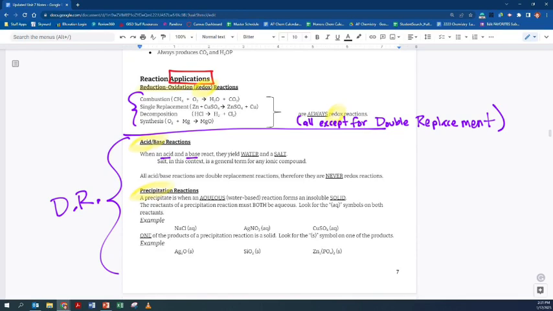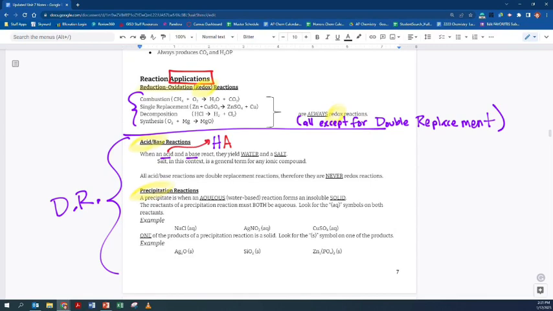I know, shocking. And as you should know, all of our acids start with H's. So I'm going to use this A here just to represent any other part of the acid, because this could be HCl, HBr, HNO3. All of those are acids. As long as you got something that starts with an H, then that's an acid.